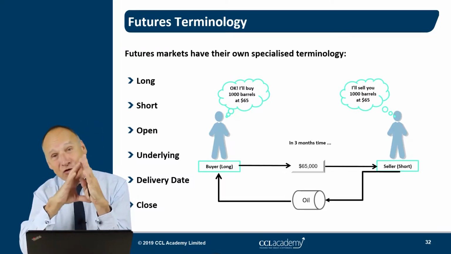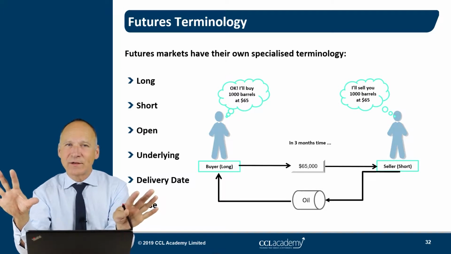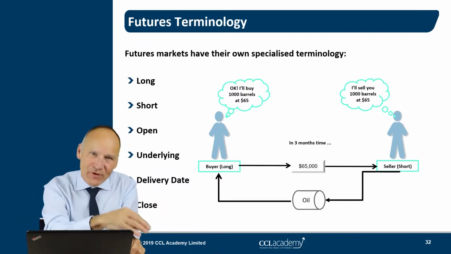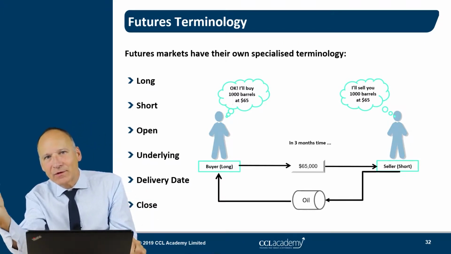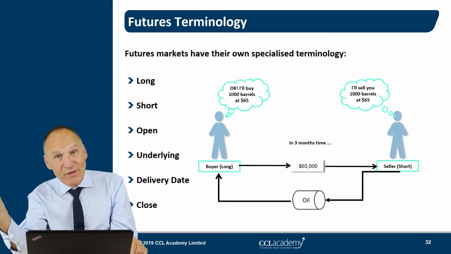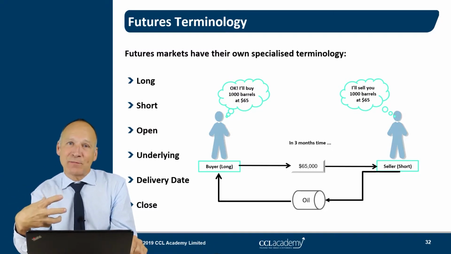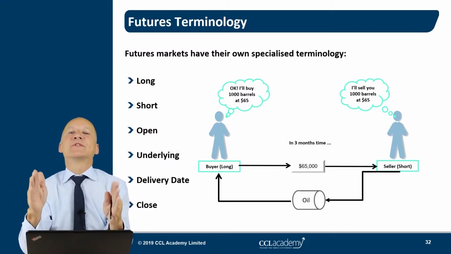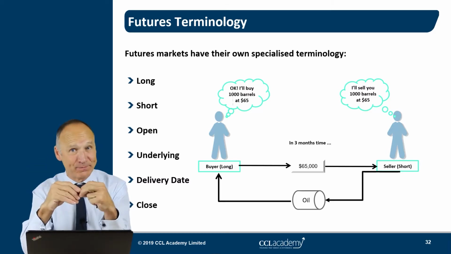And they crystallize, they close out, they finish the contract without all the hassle of actually delivering the oil, paying over all the cash. Just pay over the profit. Yeah. So the loser crystallizes their loss, the winner crystallizes their profit, and the contract is closed without reaching delivery. And that happens a lot.